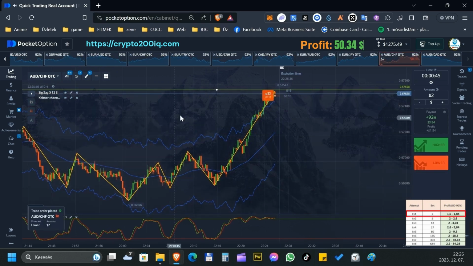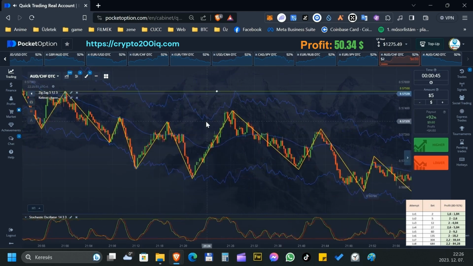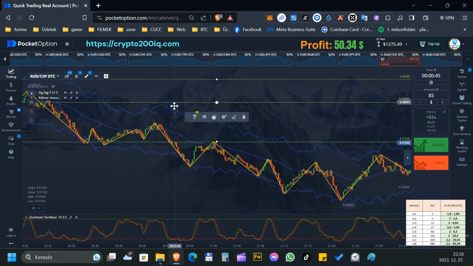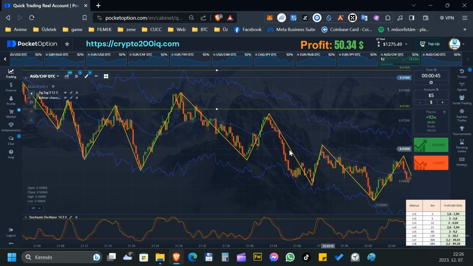We placed the first bet, it wasn't very lucky. We're preparing for the next one. Setting up the next resistance line.